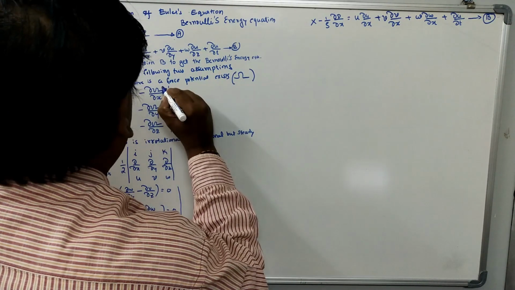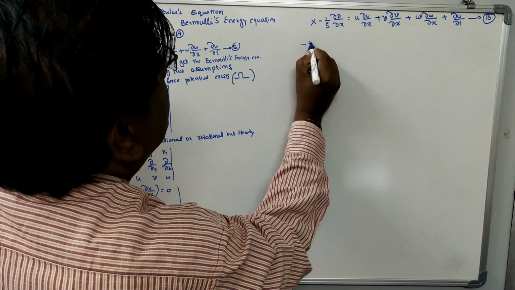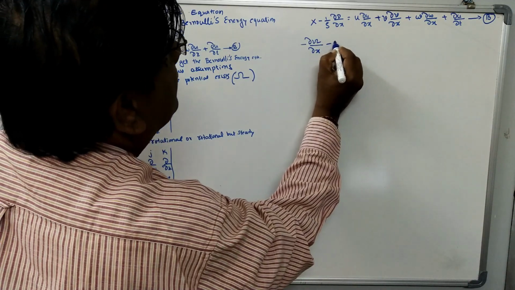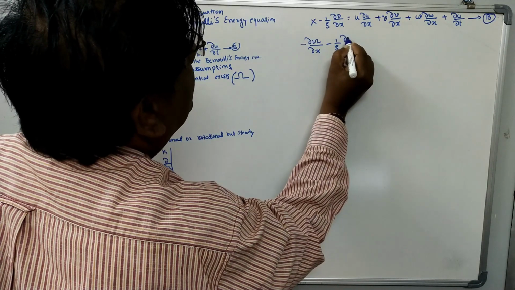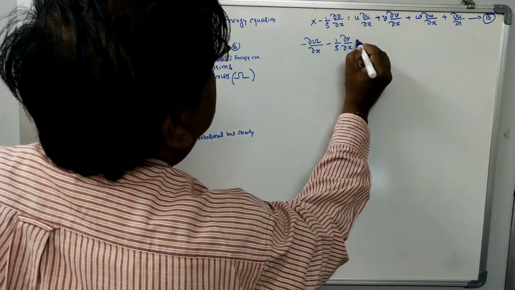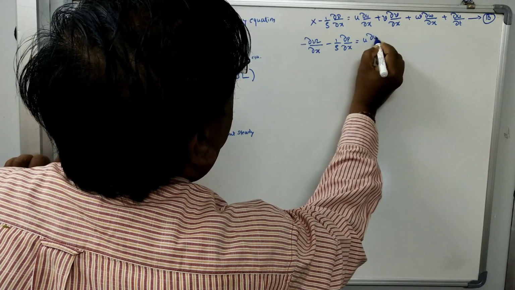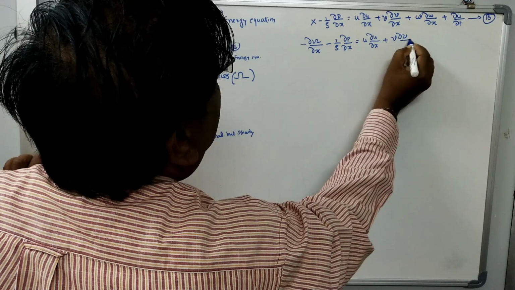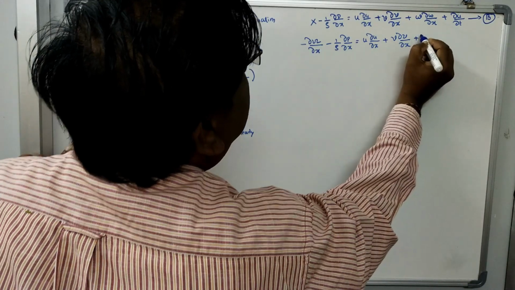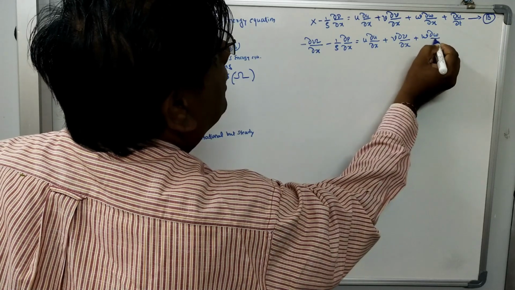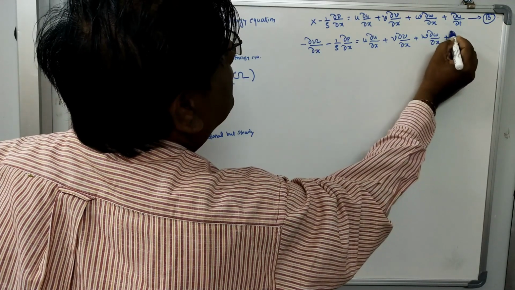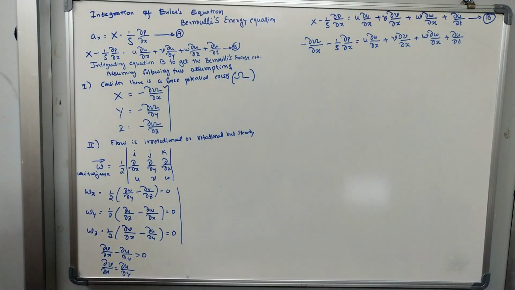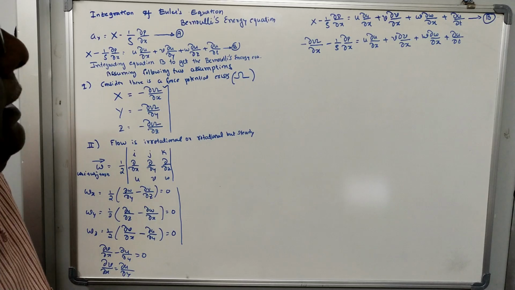So X is equal to minus ∂(force potential)/∂x minus 1 by rho ∂p/∂x. This is equal to u ∂u/∂x plus v ∂v/∂x plus w ∂w/∂x plus ∂u/∂t.